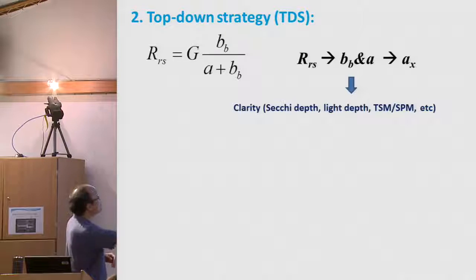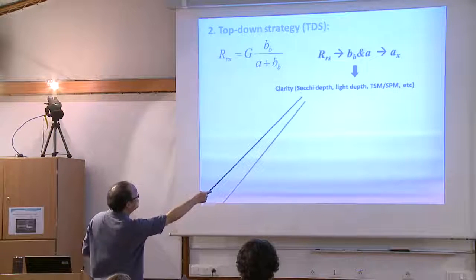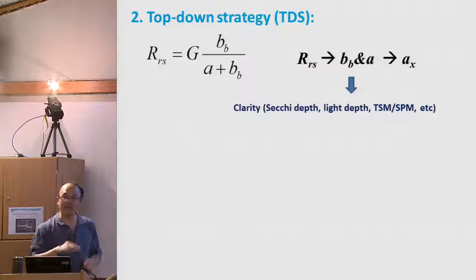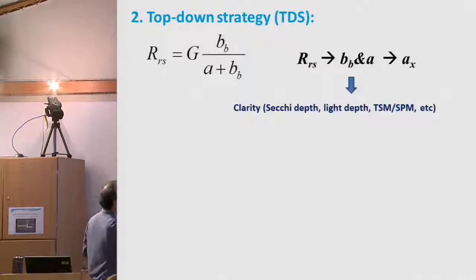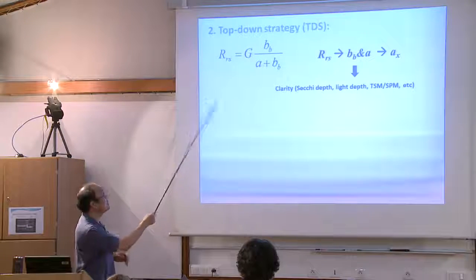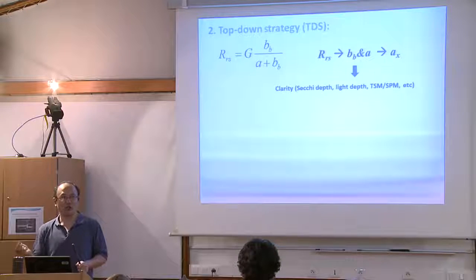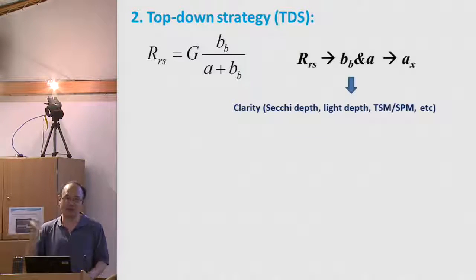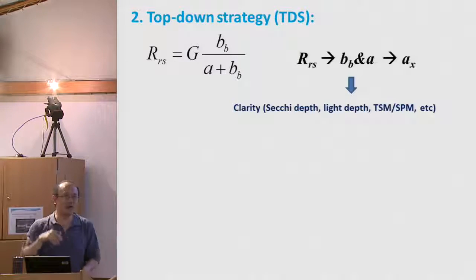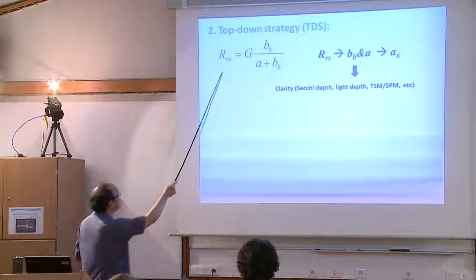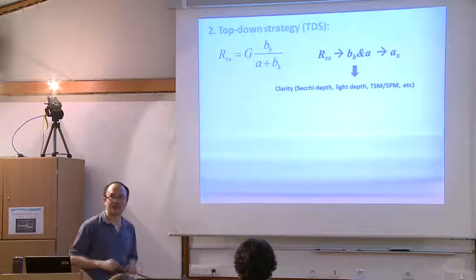So from remote sensing, what we can really do at the first stage is get the BB and A. Remote sensing is a measure of BB and A, not the A components. So the top-down strategy is, okay, let's use remote sensing to get the BB and A first.